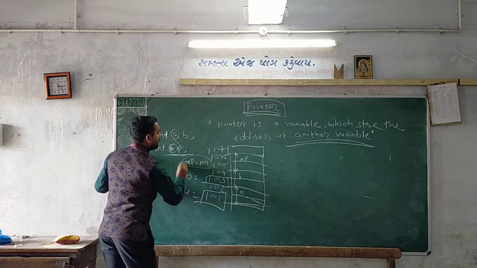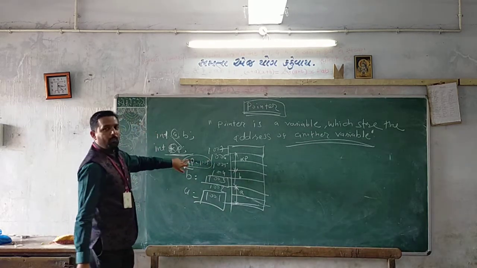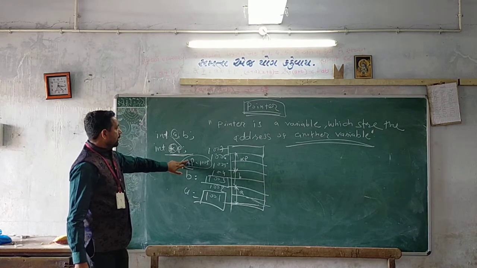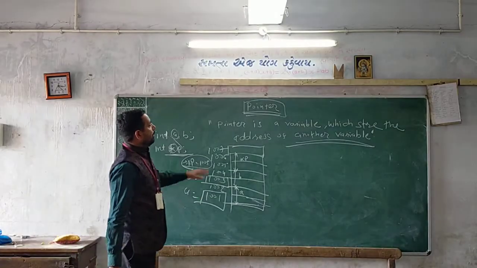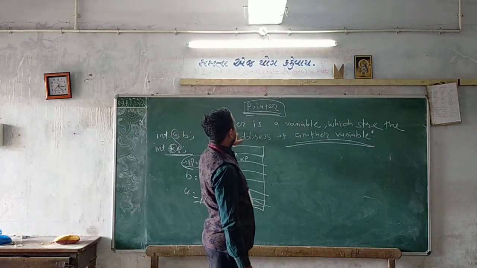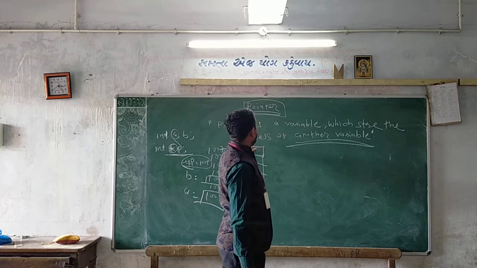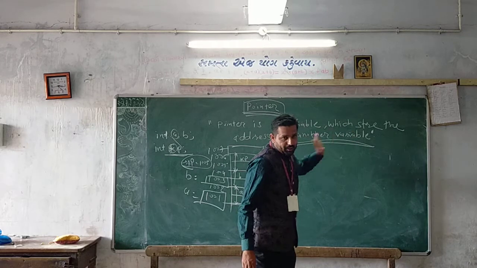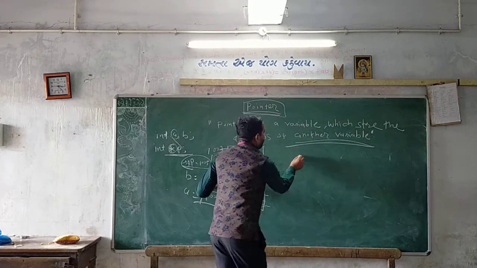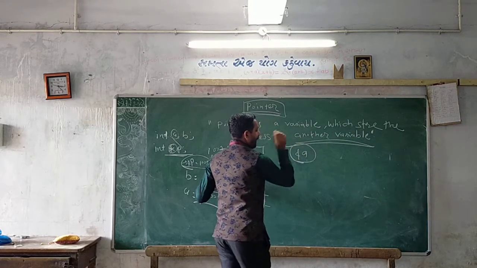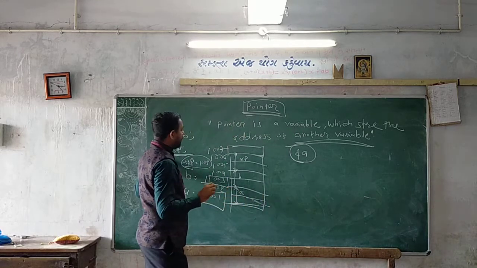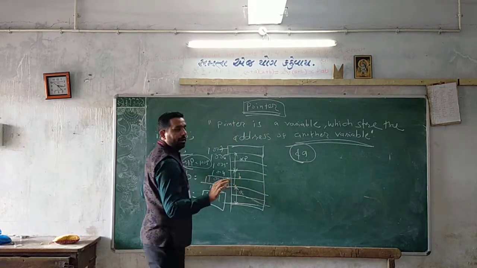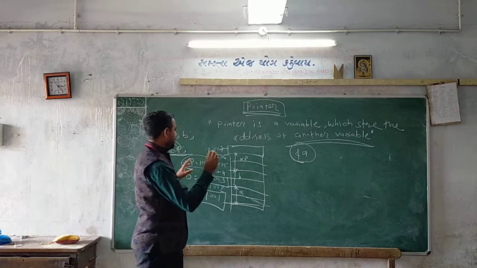That is the self address of the pointer. In the definition we saw that it has the facility to store the address of another variable, and a symbol is used to define the address.